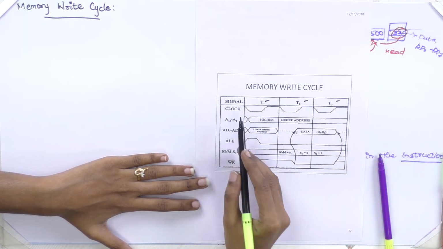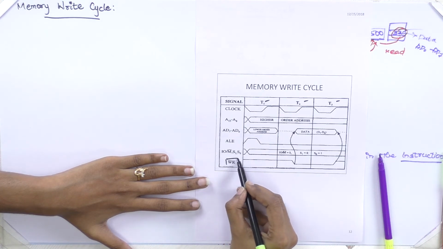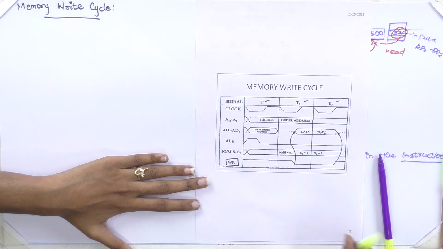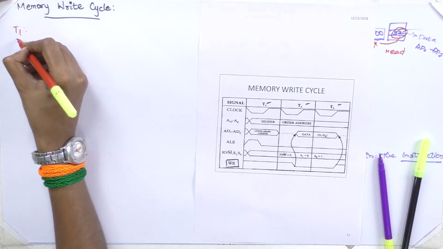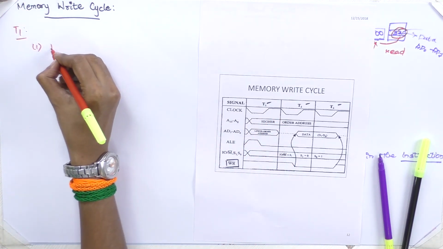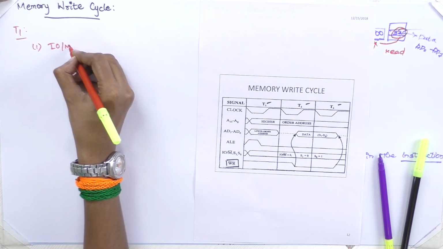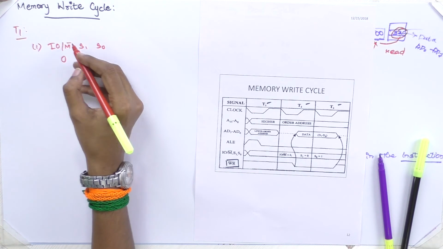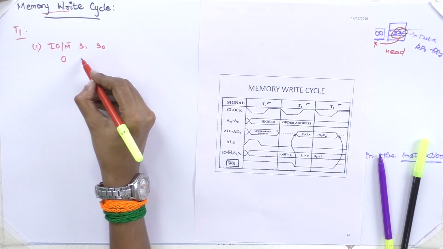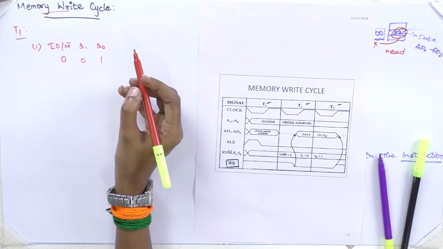So the signals are the same. Only the signal that varies is the write signal. Fine. So at T state 1, what will happen? The IO/M bar, S1, S0 value should be 0, because you are performing memory write. S1 is 0 and S0 is 1.